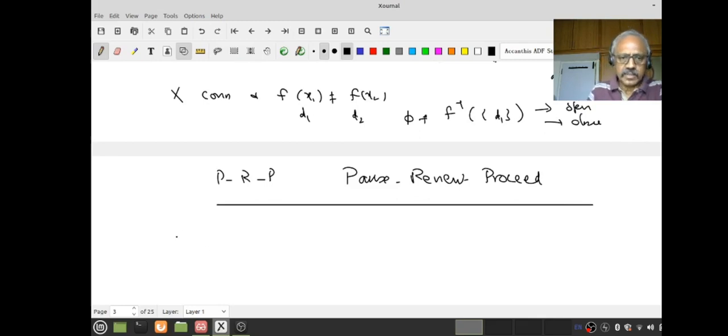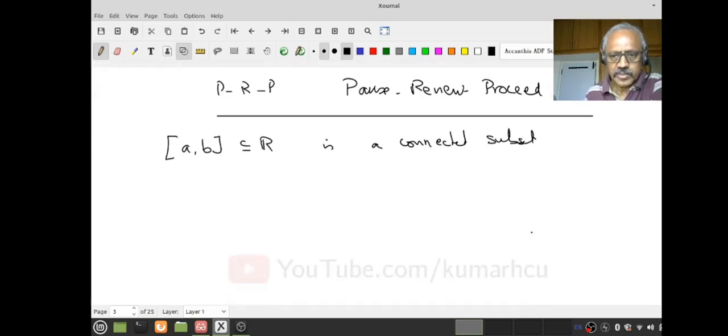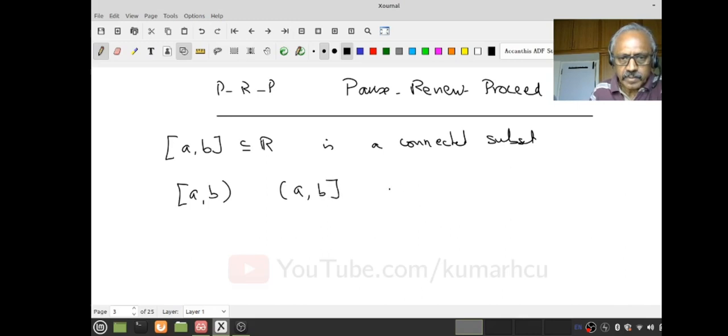Now let's go through this. We have proved in our first lecture or in the second lecture that a closed and bounded interval is a connected subset of R. Now you can ask what happens to open intervals, or intervals of the form [a, b), (a, b], (a, b), the interval (a, infinity), the interval (minus infinity, a) and so on.